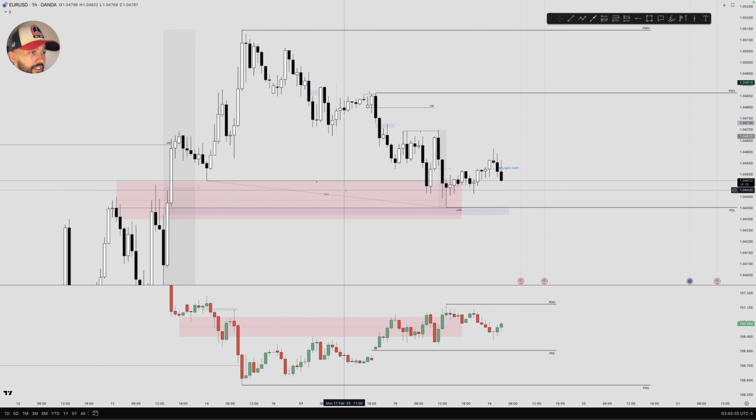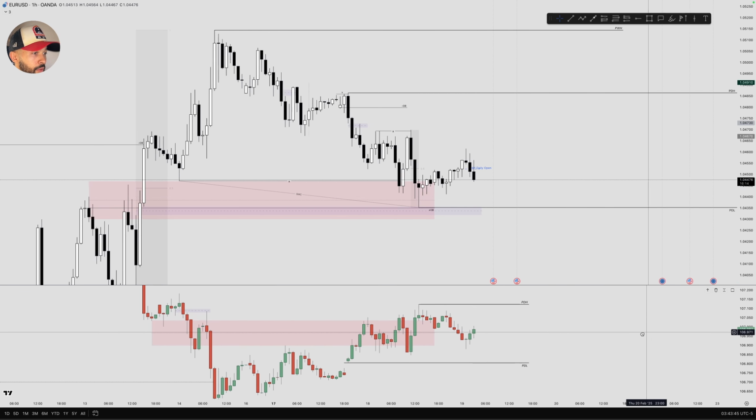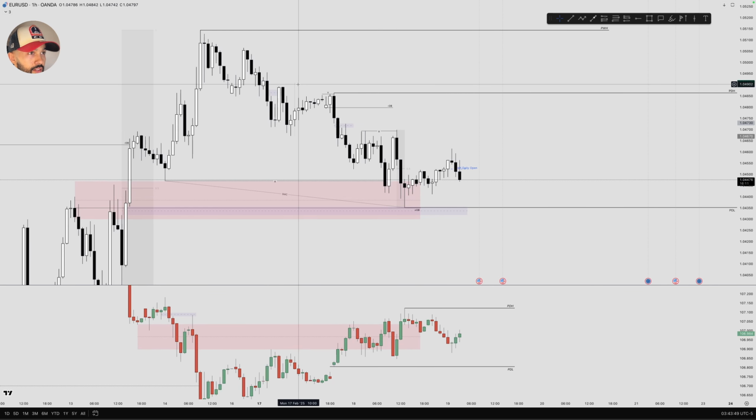We're still within our daily fair value gap. We have our SMC, we have our 4 hour order blocks, 1 hour order block, and fair value gap. So I'll be patient just to see what price is going to do. The trend is still against us to go short, in my opinion. The high time frame daily trend and outlook is to look for a bullish scenario.